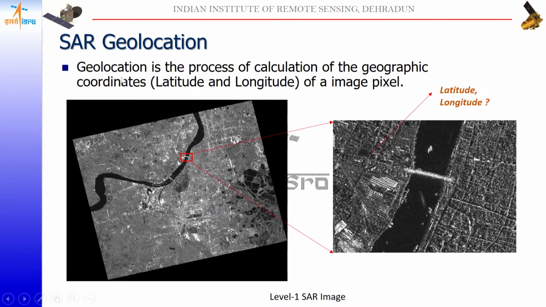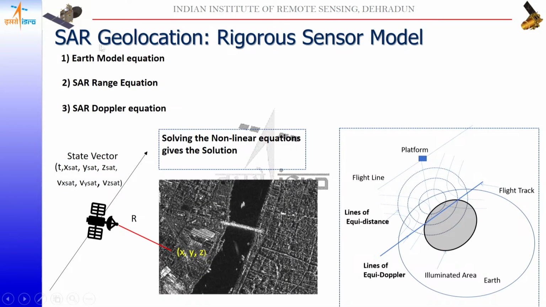So what is SAR geolocation? Geolocation is the process of calculating the latitude and longitude of an image pixel. For this image, what is the latitude and longitude that we have to calculate? In the SAR geolocation process, we have mostly three equations. One is called the range equation, second is called the Doppler equation, and third is called the earth model equation. The earth model is the datum we are using.